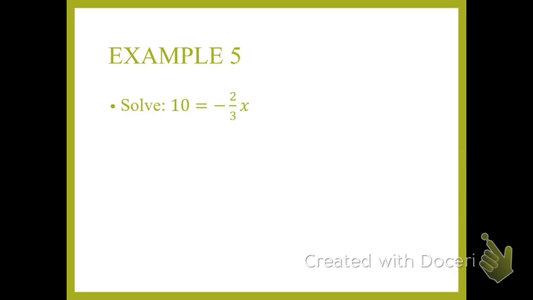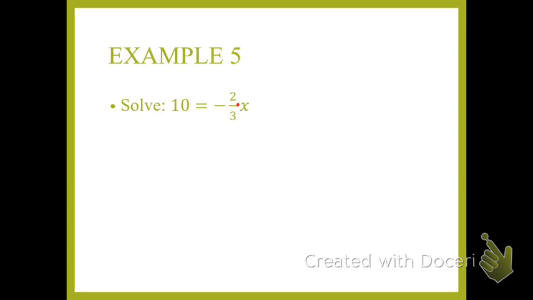One last one here. Now there's two ways you could solve this problem. 10 equals negative 2/3 times x. One is to remember that you could think of this as multiplying, negative 2/3 times x, and the opposite of multiplying is dividing.